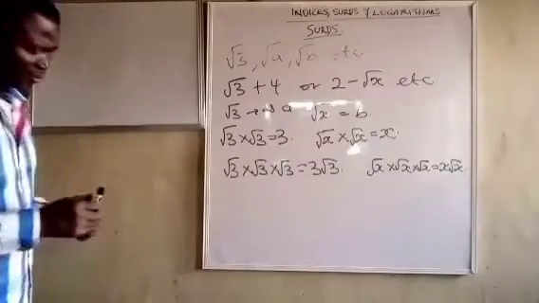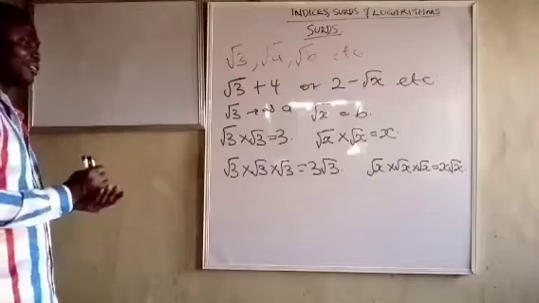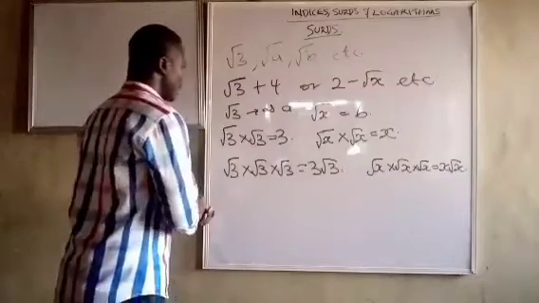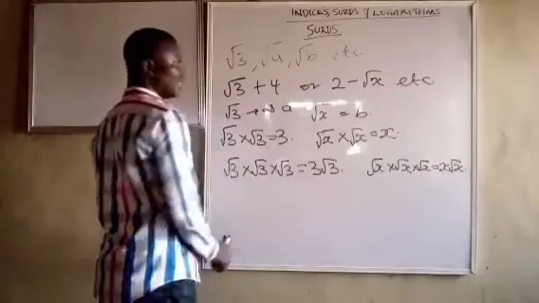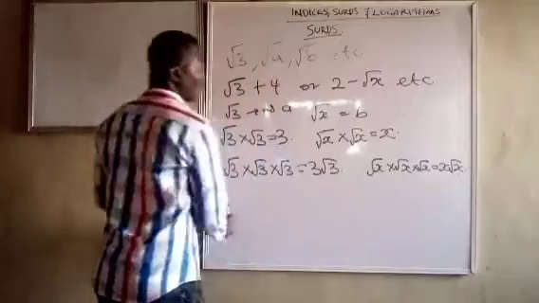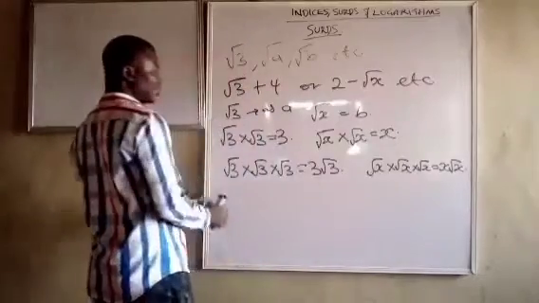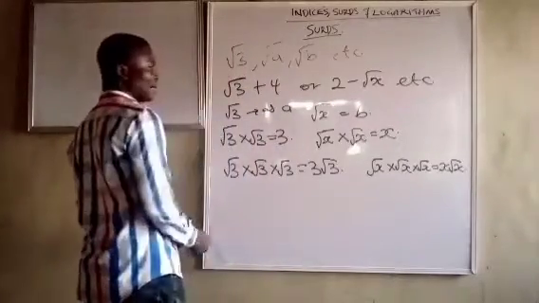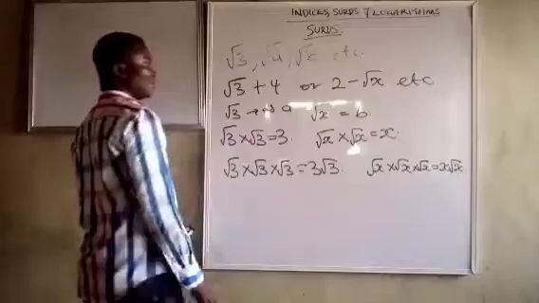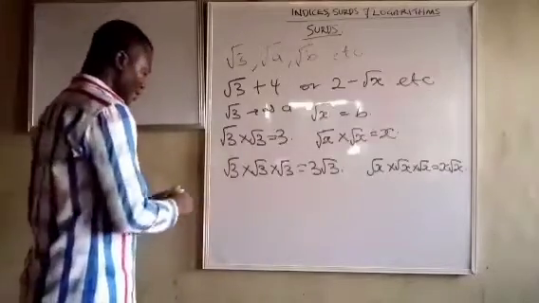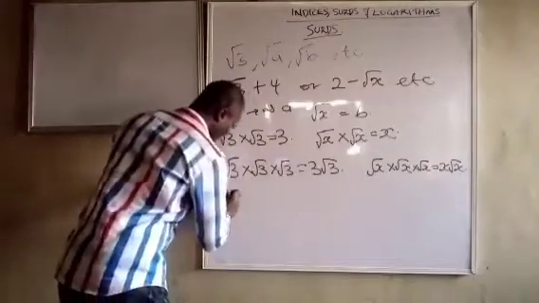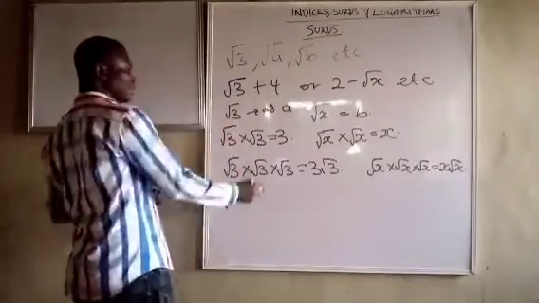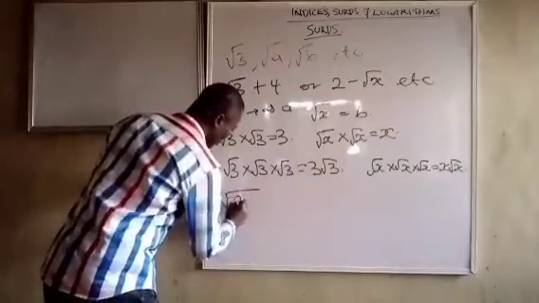The first skill you need to have is how to convert a surd into a full square root, or a square root into a combination of a real number and an irrational number, that is the square root of another number. What I mean is this: assume you have a number like root of 27.